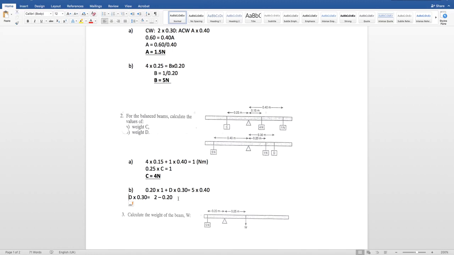So D times 0.3 equals 2 minus 0.2, which is 1.8. 1.8 divided by 0.3 is 6.